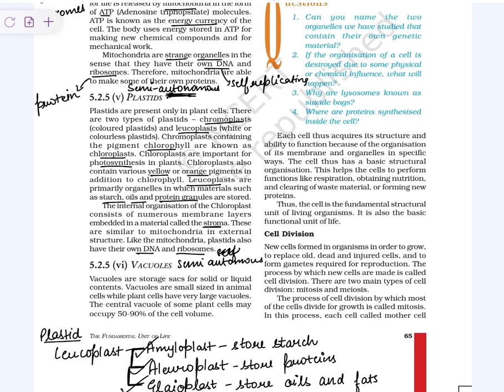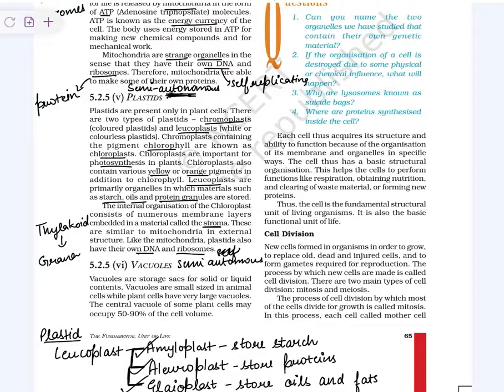The single layer is called as thylakoid. I am talking about the chloroplast structure. The single layer is called as thylakoid, and thylakoids are stacked over each other, and the stack is called grana.